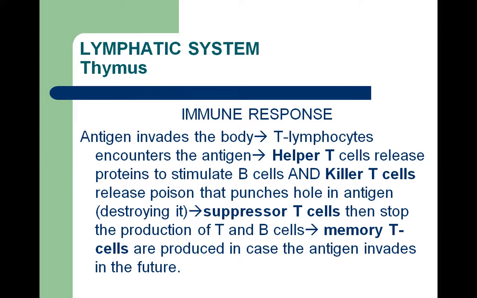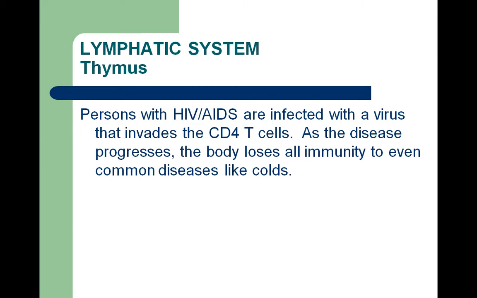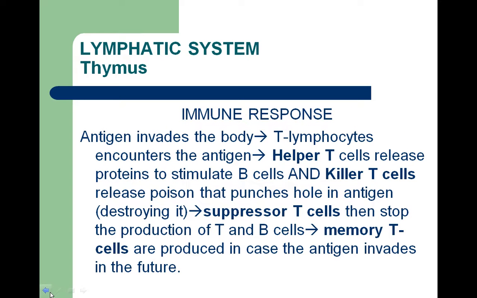So we're going to talk about what each one of these different types of cells do. Okay, so let's just talk first about the T helper cells. T helper cells, we said, were very vital in even ringing the alarm. And so if a person has HIV, they have a very, very small number or dwindling numbers of T cells.